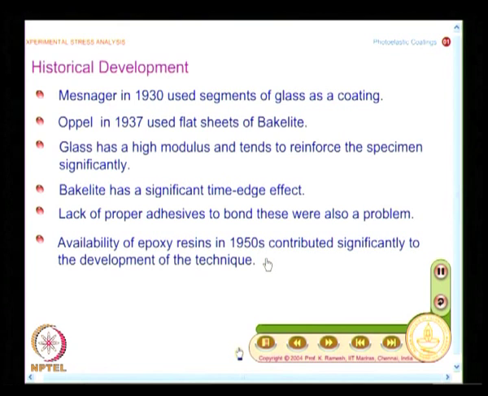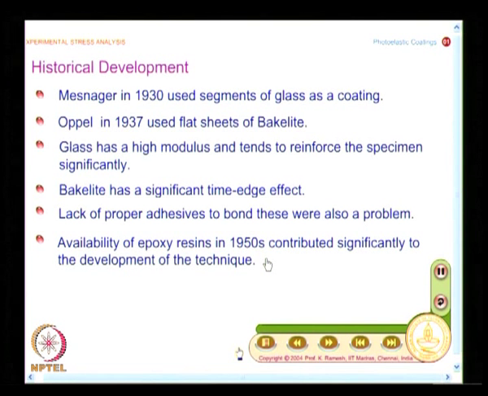This has multiple names: you can call it photoelastic coating, or a birefringent coating based on the kind of material you use, and because you see the reflected light, it is also termed reflection photoelasticity. The other difficulty was the lack of proper adhesives to bond these coatings. So, the development of the technique hinges on the development of proper adhesives and also epoxy resins.